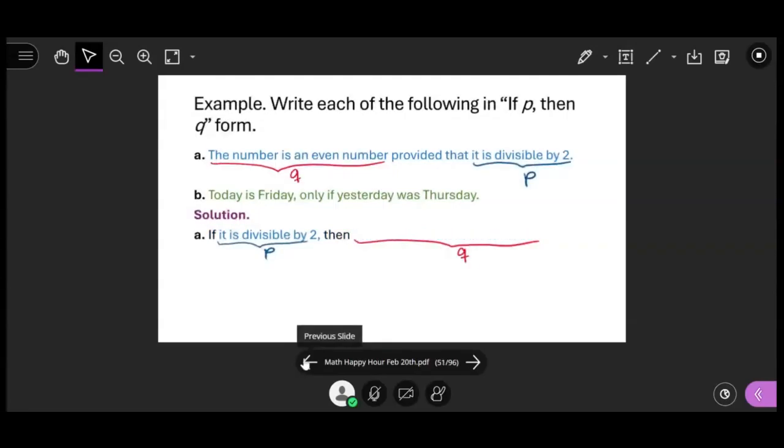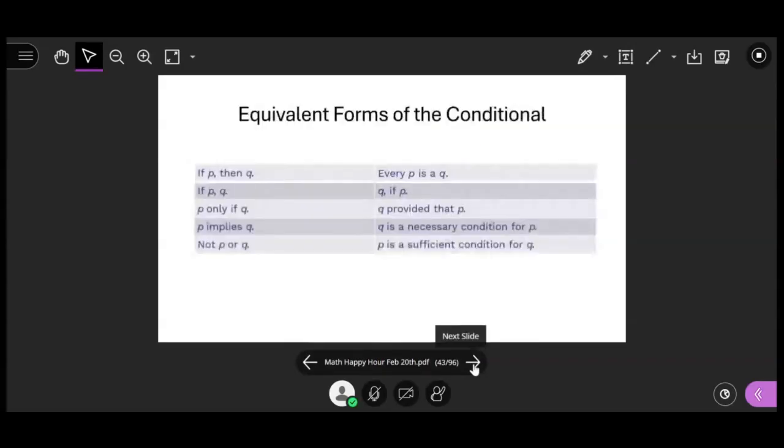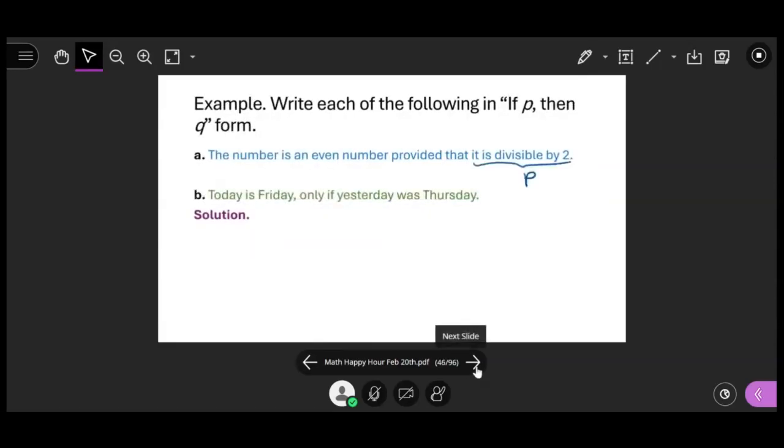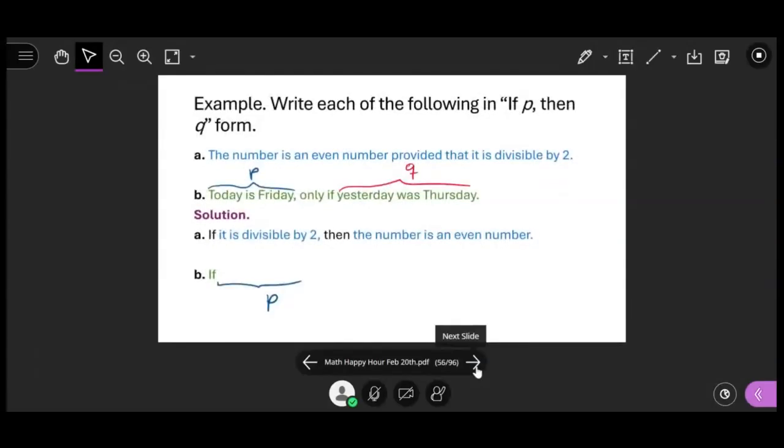If we look at the table, now we're going to be using P only if Q. So first we'll identify P. Today is Friday, that's our P. Only if yesterday was Thursday, that's our Q. So we write it: if today is Friday, then yesterday was Thursday.